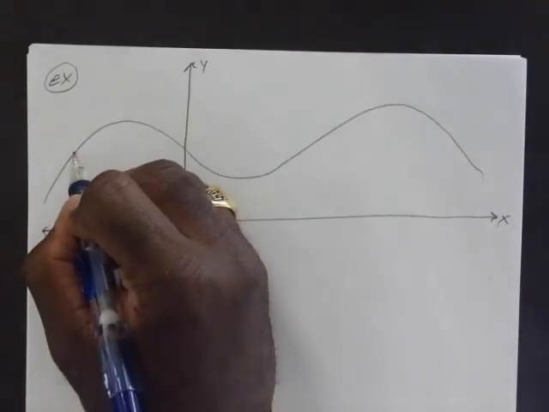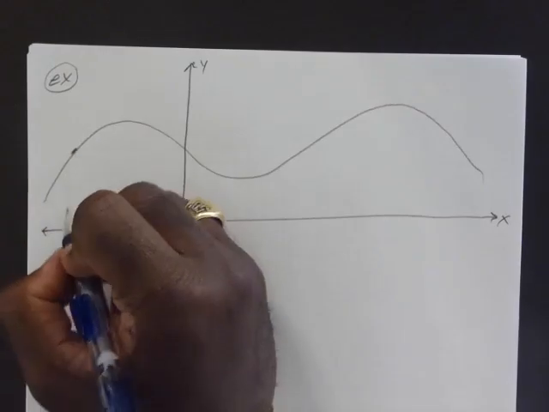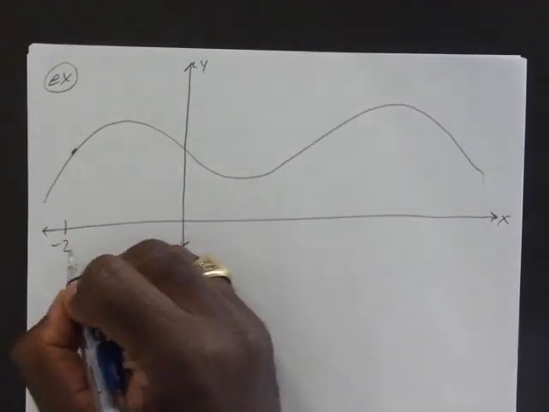Let's say this point of the graph is above x equals -2.